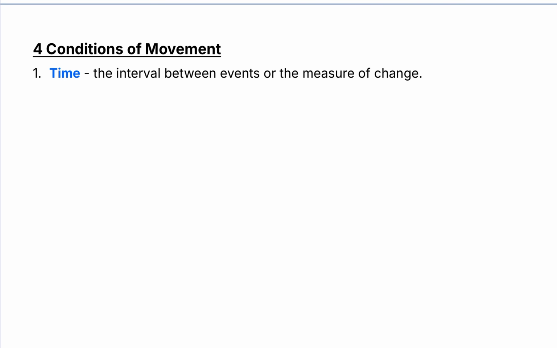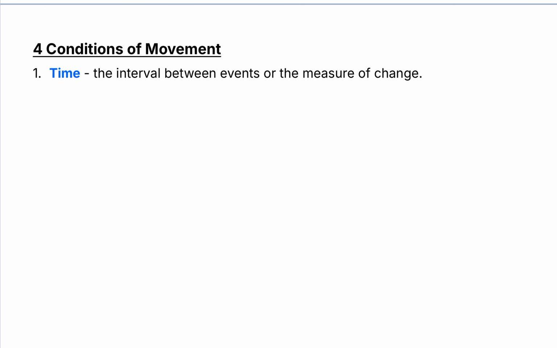There are 4 conditions of movement. Condition number 1 is that of time. And as we had defined in our earlier lesson, time is the interval between events or the measure of change.